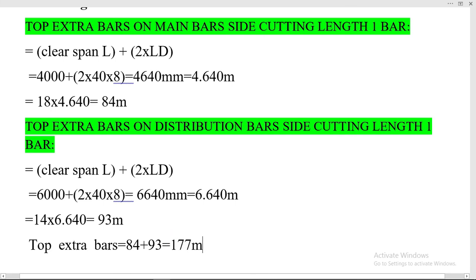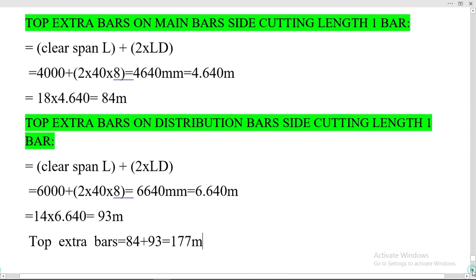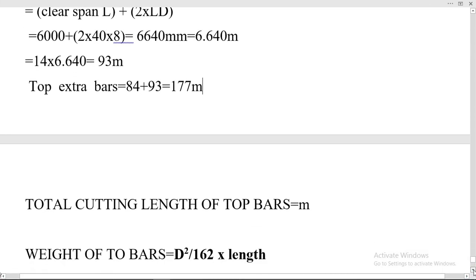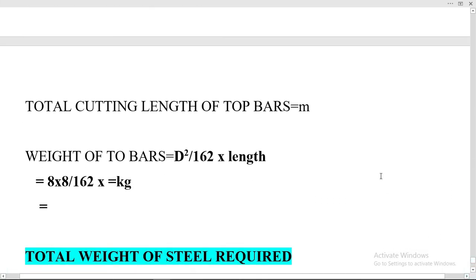Now let me calculate the weight of these extra bars. Total cutting length we have is 177 meter, and we multiply with the length in the formula, 177. We know that the dia of the top extra bar is 8 millimeter.